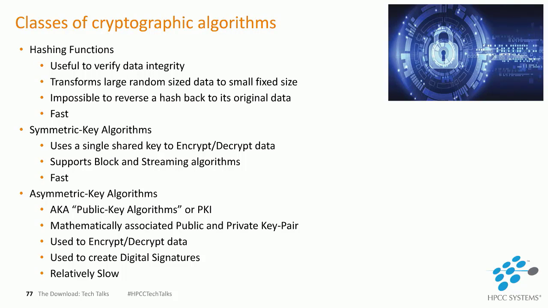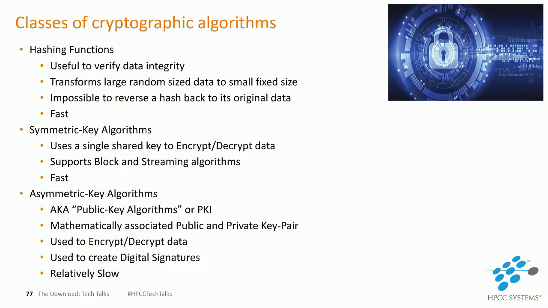At the highest level, there's hashing functions, which is used to verify data. It's not used to encrypt data. As a matter of fact, you typically use a hash with plain text, like let's say an email. What a hash does is it transforms a variable length set of data to a fixed size. For instance, one algorithm I'll show you, it always ends up being a 64-character hash.